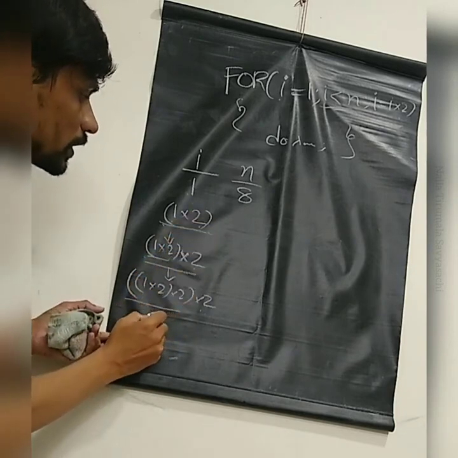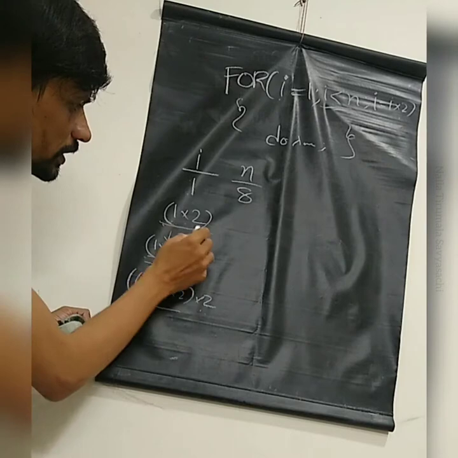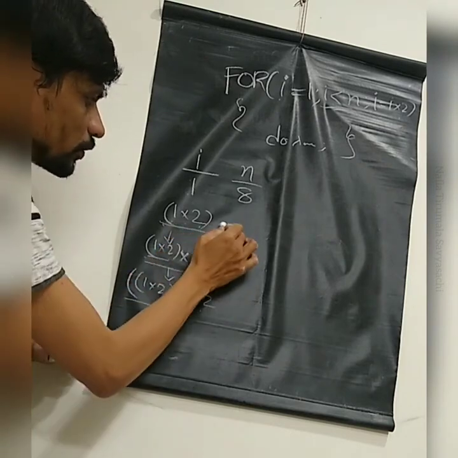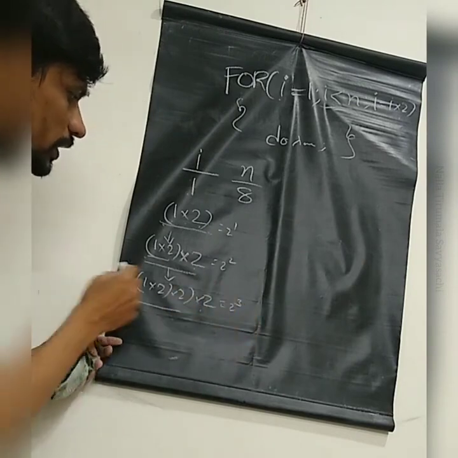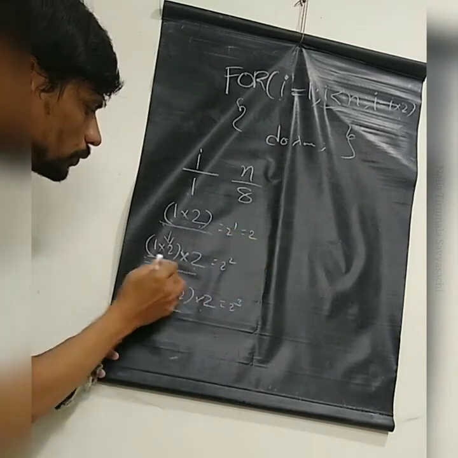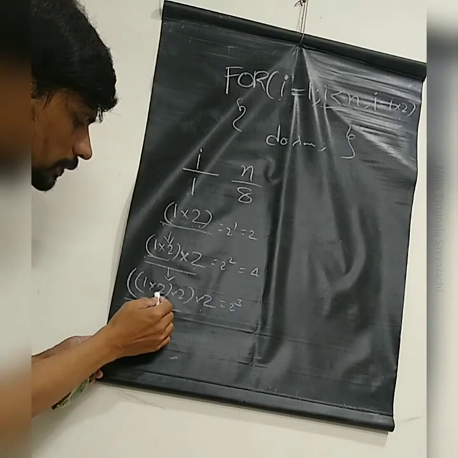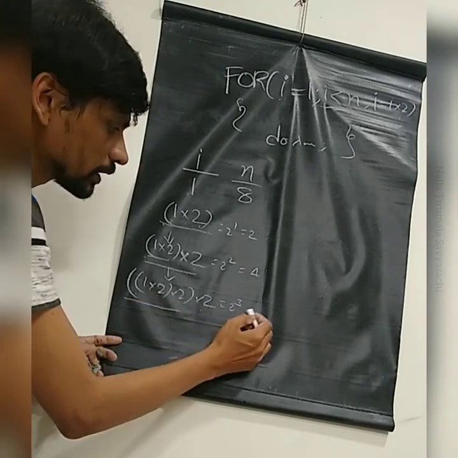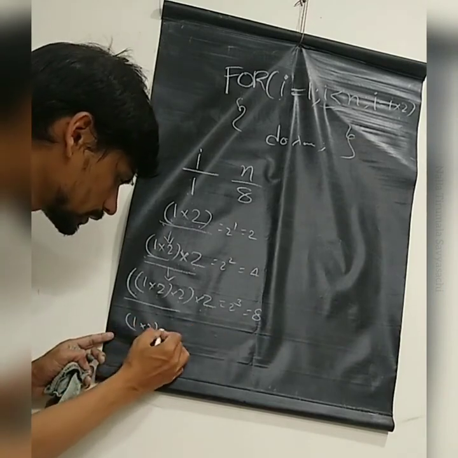If you observe here, we can come up with some idea. This is 2 power 2, right? I can write this as 2 power 1, and this as 2 power 3. So 1 multiplied by 2 is 2 power 1 equals 2, 2 power 2 equals 4, 2 multiplied by 2 is 4, 4 multiplied by 2 is 8.